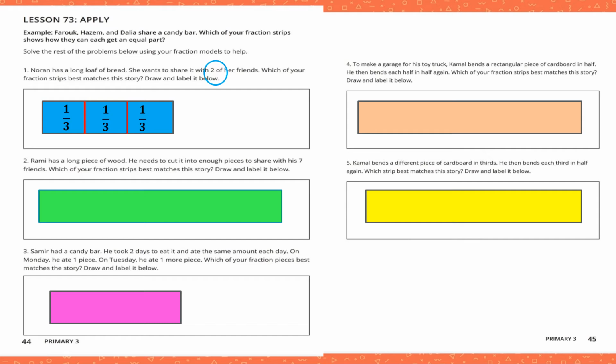So we have Rami and 7 friends. Share with, it means Rami also will take a part. So we have Rami and 7 friends. How many total persons now? We have 8 persons.